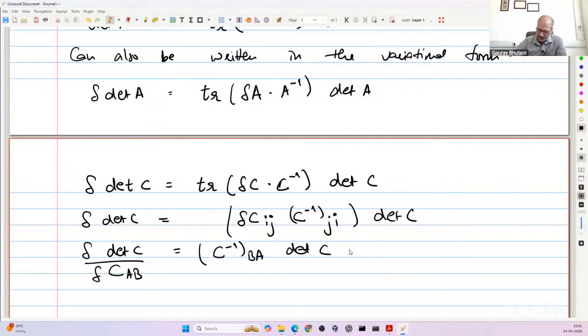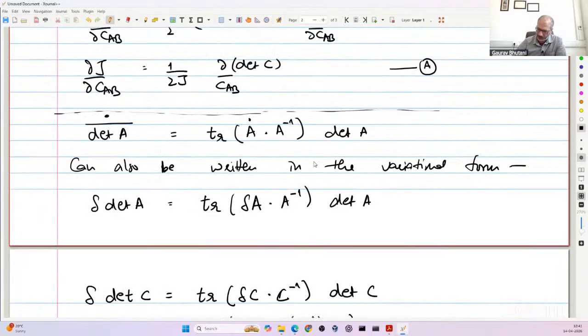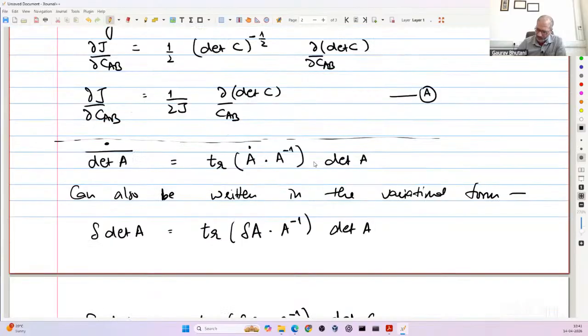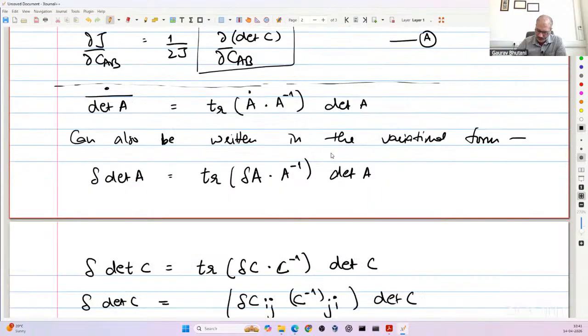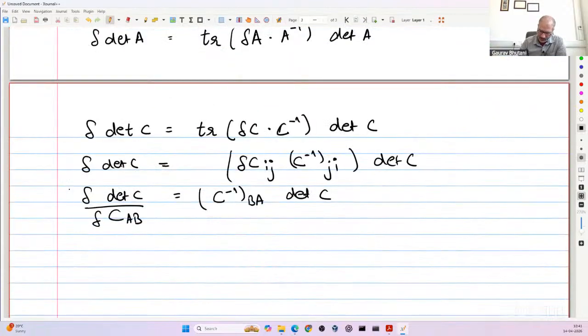If I go back up, I think I made a mistake here. This should be partial CAB. Right. So we wanted this partial determinant of C by partial CAB, and this is exactly what we have here.